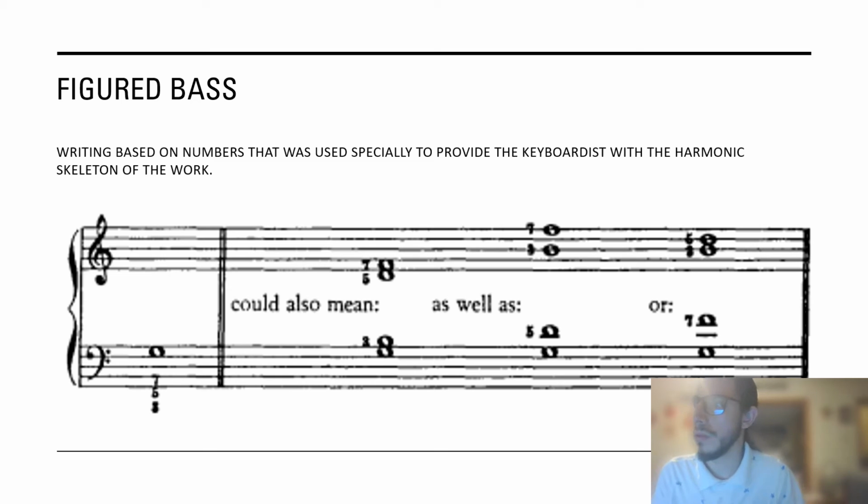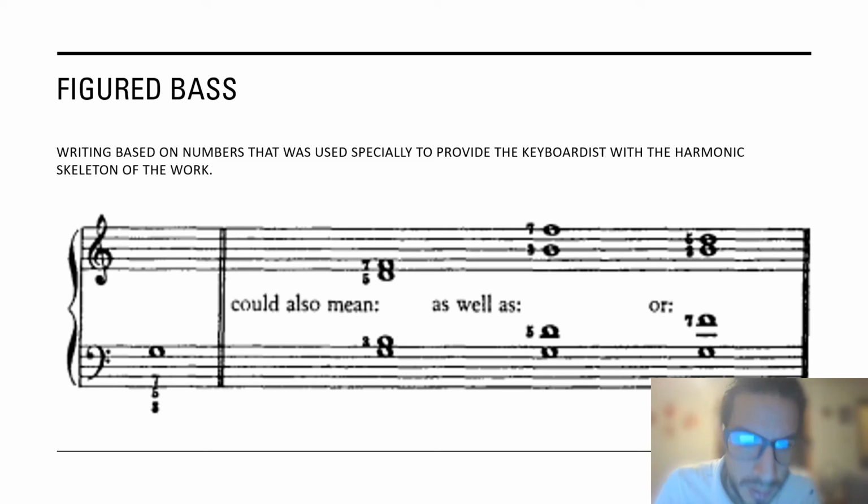These numbers represented the intervals between the bass, the fundamental, and the other tones of the chord. And the keyboardist could arrange the notes freely according to his criteria, always considering the needs of the melodic direction.